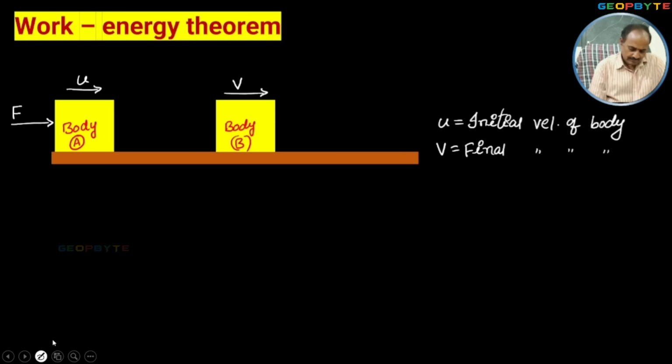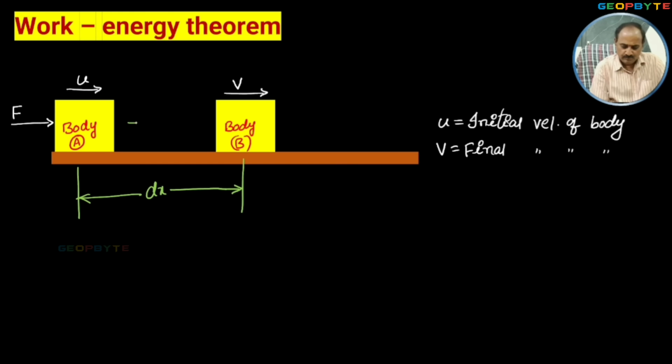Let us say the body is displacing a distance, let it be dx. Here the force is acting towards the right, and the body is also moving towards the right. The work developed equals force multiplied by the displacement.